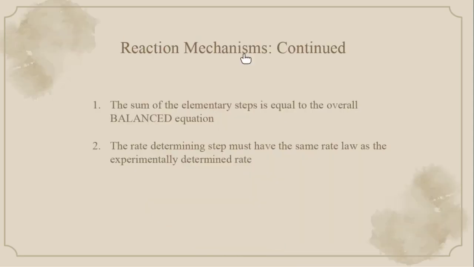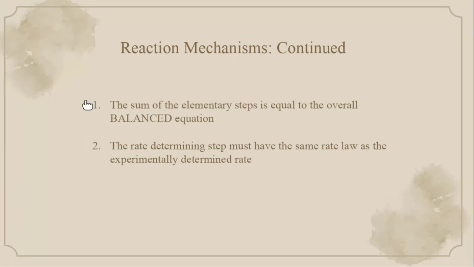So some rules about reaction mechanisms to determine if a reaction mechanism is actually appropriate for the given reaction. So in a lab, again, when we determine our experimental rate law, when we make up our reaction mechanisms, we don't know for sure that this reaction mechanism is necessarily how it happens.